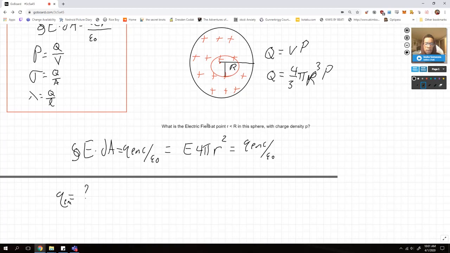I want it to be a smaller number, so the top of my ratio is going to be the volume of the Gaussian sphere, divided by the volume of my given sphere. And if I multiply this by Q, this will give me Q enclosed.